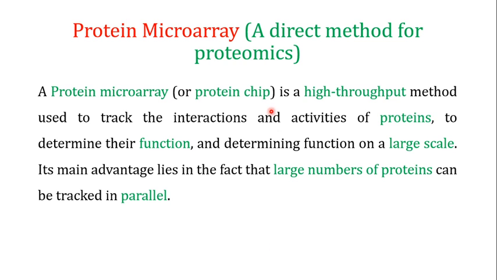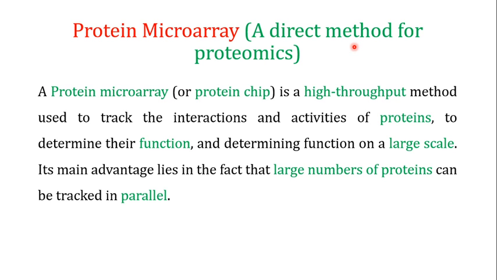Before going into the protein microarray, I want to focus on two things. When you talk about the study of proteomics, the methods that are used are broadly divided into two classes. One type is known as the indirect methods, and the other type is known as the direct methods.